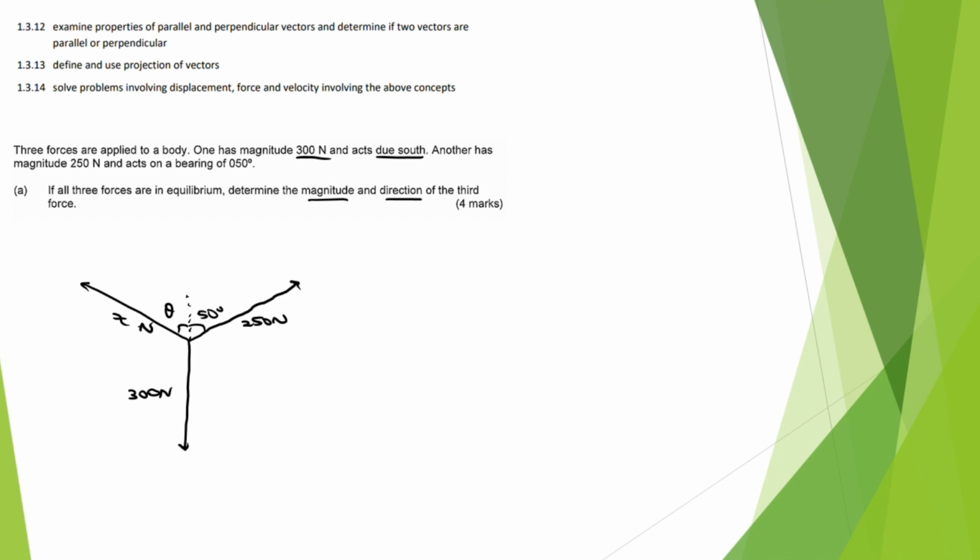All right, so I want to consider my vertical forces resolution. In the vertical direction, I have my 300 newtons acting down, and the sum of my forces in the vertical direction is going to be equal to 0. I have 250 newtons acting at a bearing of 50 degrees, so its vertical component is 250 cos 50 degrees, because it is the adjacent side to the angle 50 degrees.